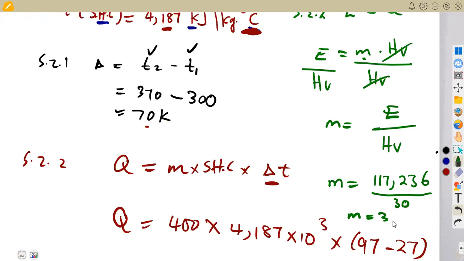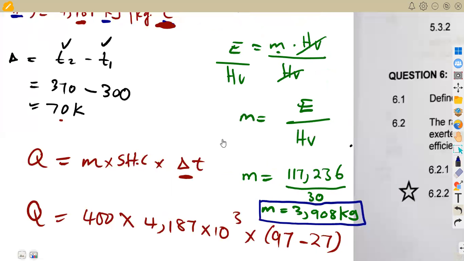That was going to be 3,907,866 and so on, which is 908 in kilograms. All right. So that is how we're supposed to attempt the mass in this case, which is the quantity of coal that is required. This is not the heat that is required. This is the mass that is required.